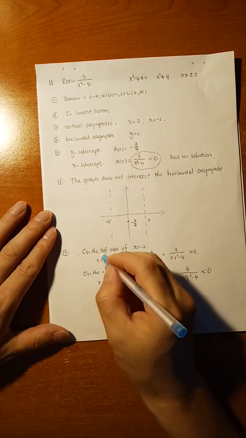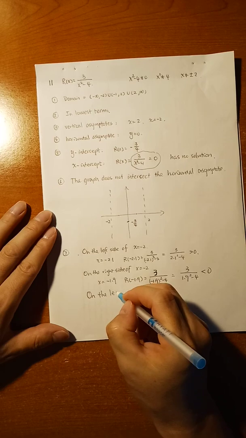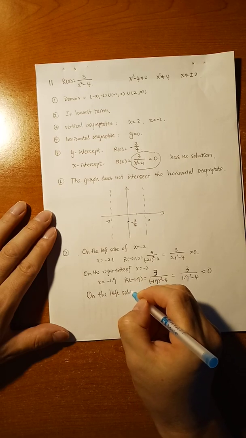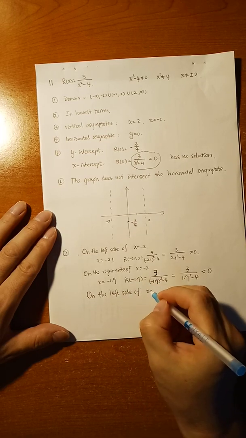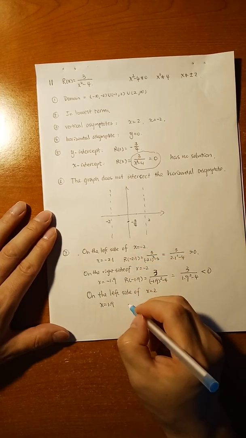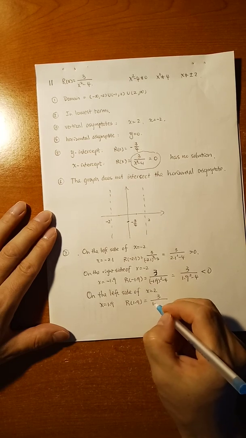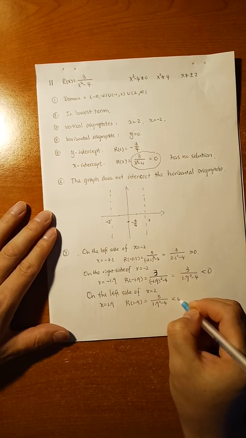Okay? And similarly for x equal to 2, on the left side of x equal to 2, x is, for example, 1.9. So you check 1.9. It's negative.